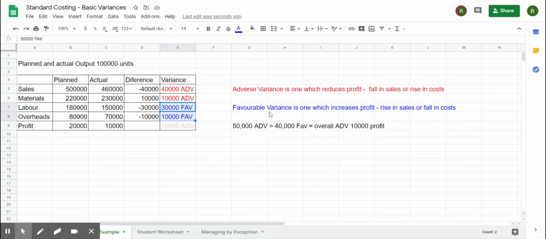So favourable variance is one which increases profit, and that would either be a rise in sales or a fall in costs. And I've deliberately here done this for a business where planned and actual output remain the same.